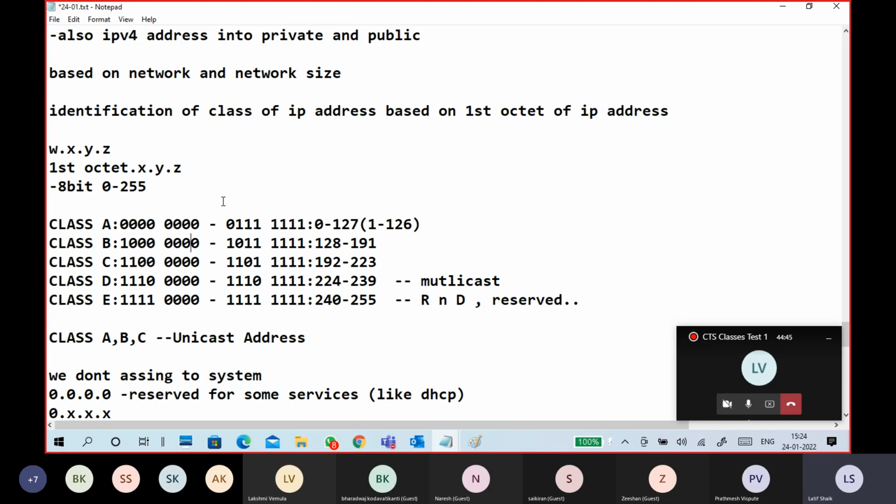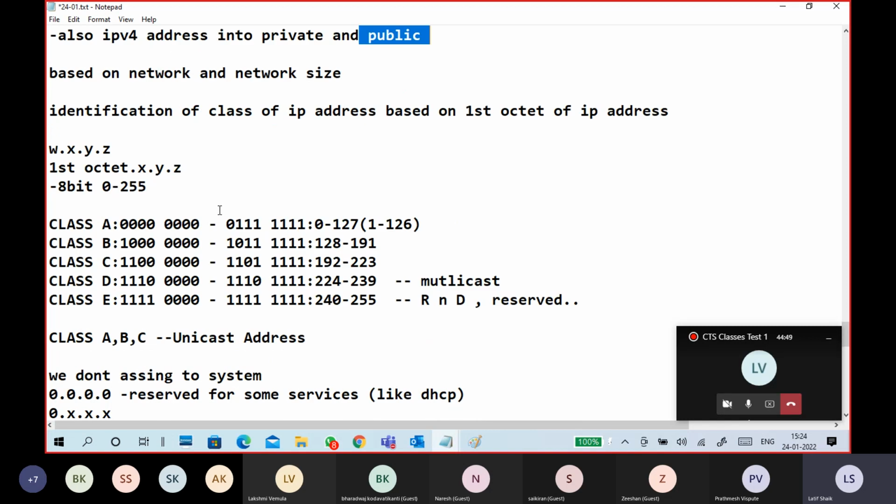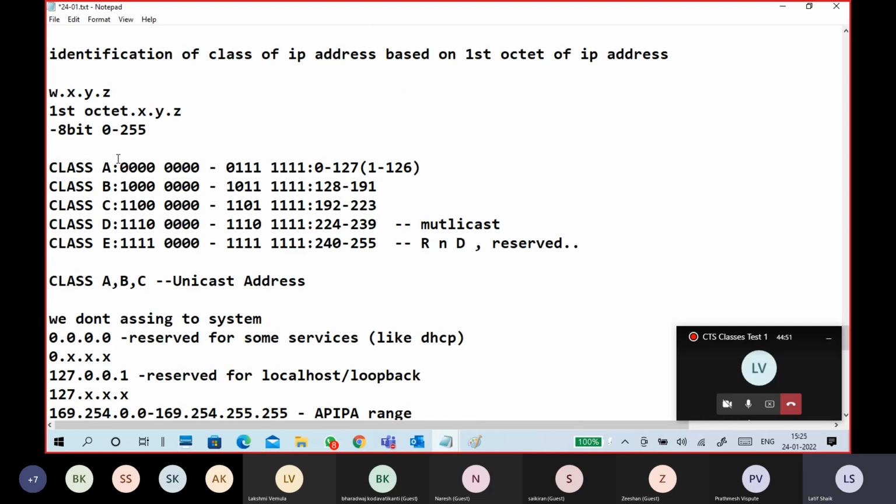We also divide the IP addresses into private and public IP addresses. The class of an IP address can be identified by the first octet only. The class A range is 0 to 127.